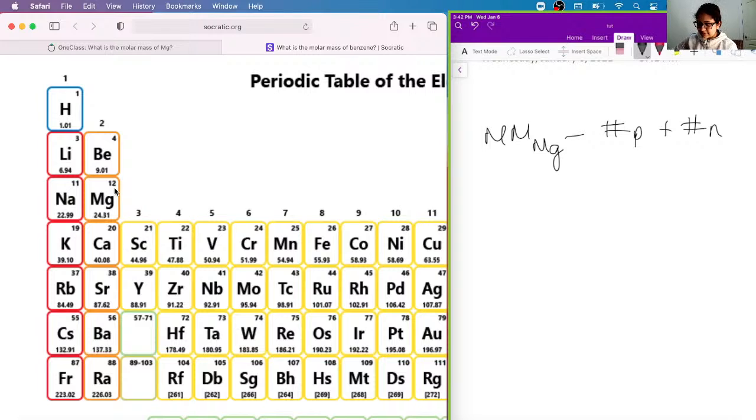It has 12 protons, and usually the same number of neutrons, 12 as well, so you get 24 grams per mole, or AMU if you're talking about atomic mass.